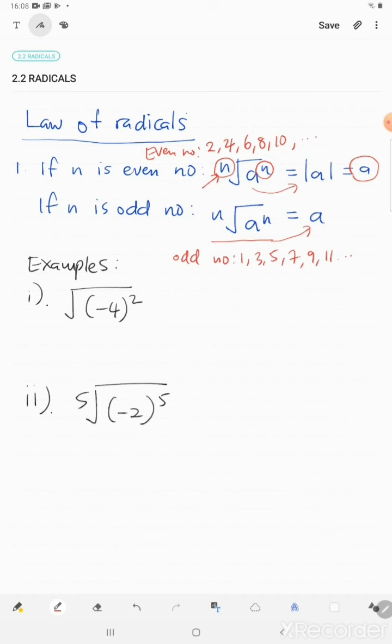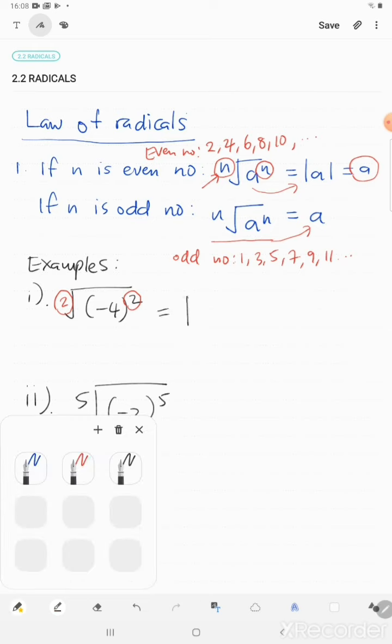We have here the square root of negative 4 to the power of 2. If it doesn't state any value for the index, the value is actually 2. So here the index and power are the same, and the answer is the absolute value of a.